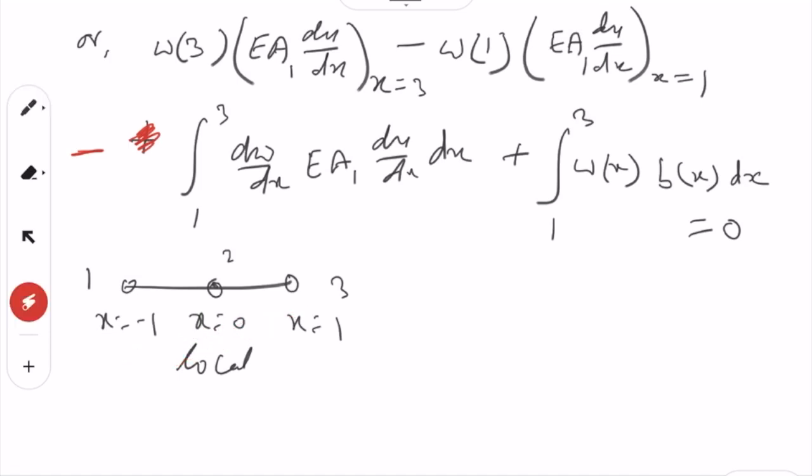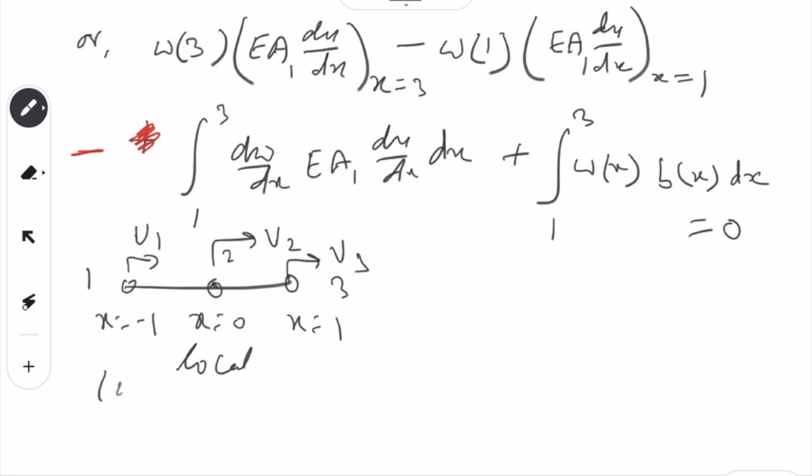And how did we find out? We found out for this one, let us say u1, this is u1, this is u2, this is u3. Similarly we have W1, W2 and W3, and we defined u.